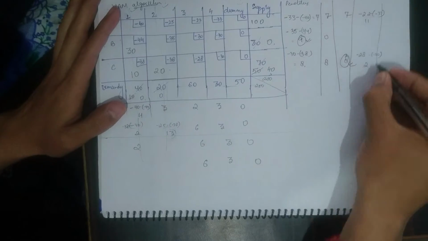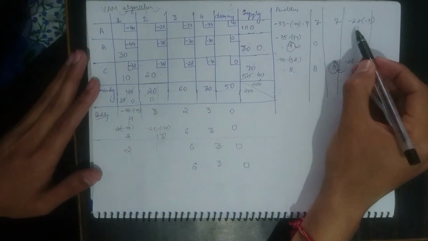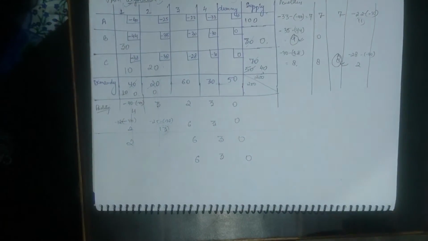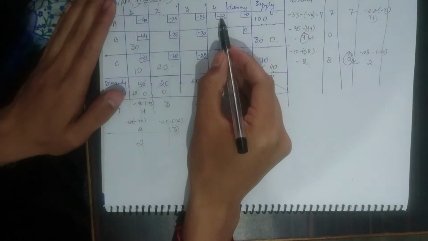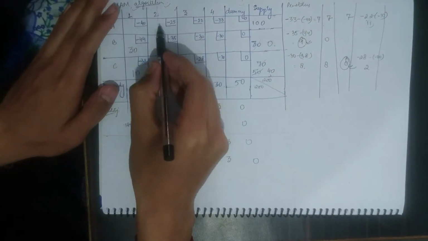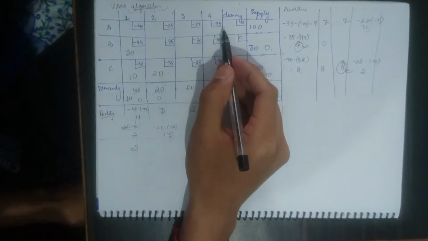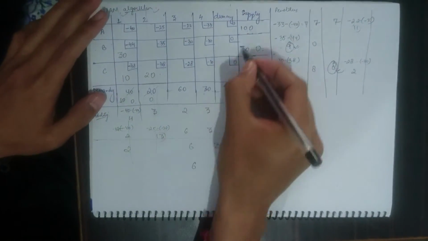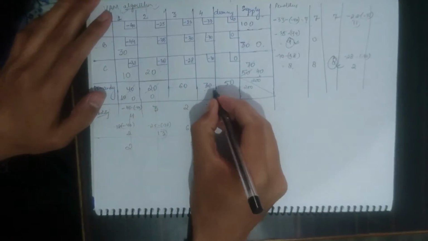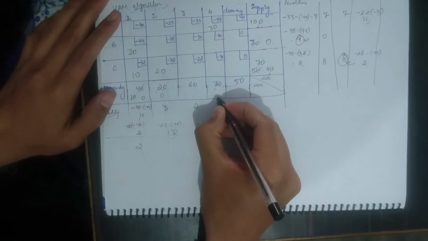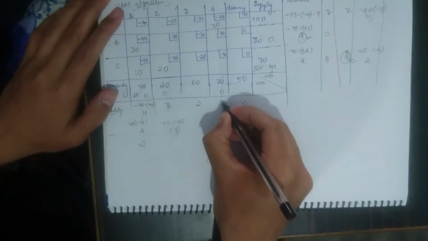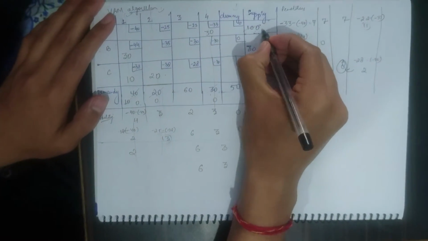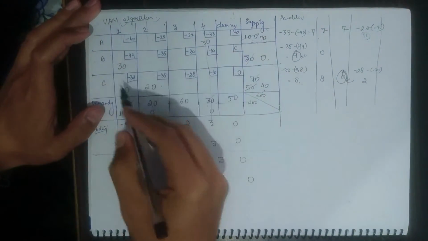Now the maximum penalty is 11 with this row, and the minimum element is minus 33, because these two are vanished. So for minus 33, we will give it either 30 or 100, whichever is minimum. The minimum is 30, so we will give it 30. The requirement of this destination is also met, and we are left with 70 units of this source.